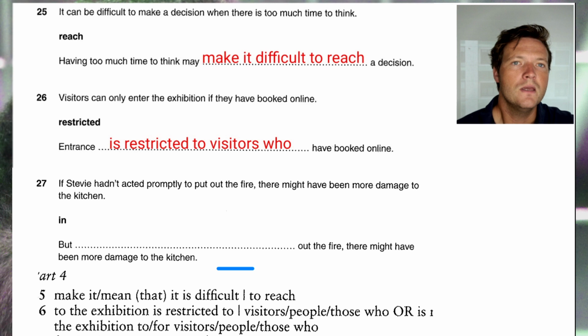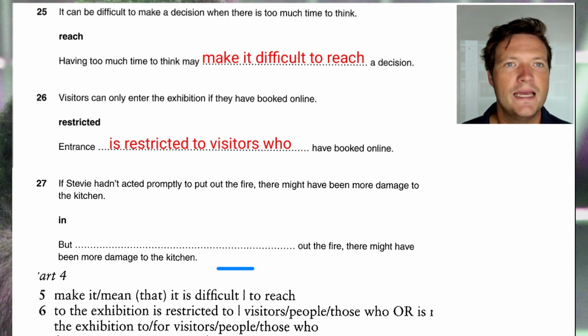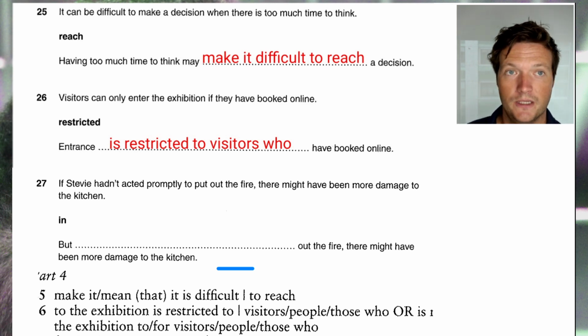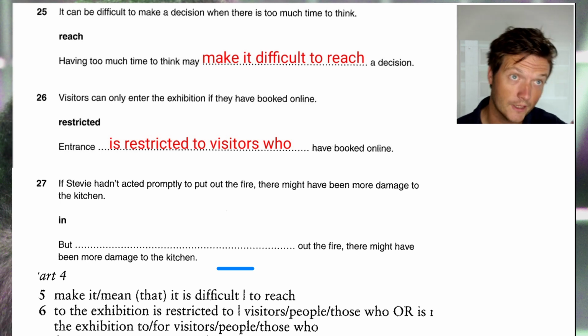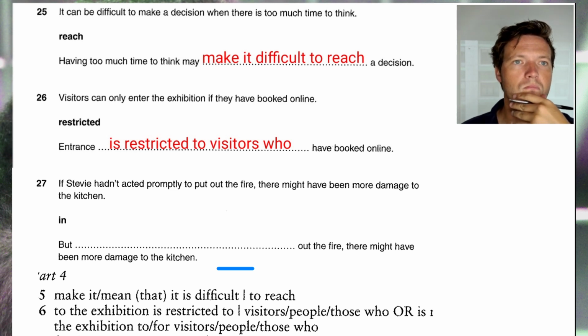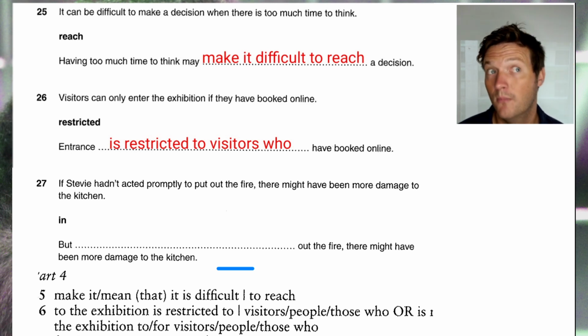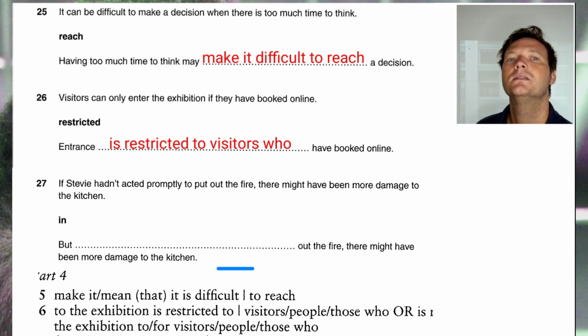It says, if Stevie hadn't acted promptly to put out the fire, there might have been more damage to the kitchen. So he acted quickly, acted promptly, and that's why the kitchen wasn't more severely damaged.